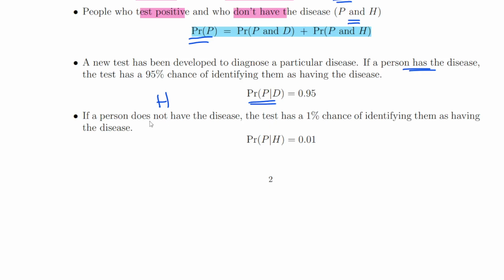Anyway, I digress. So the probability of P given H equals 0.01. Given that they don't have the disease, the probability of a positive test is 0.01.